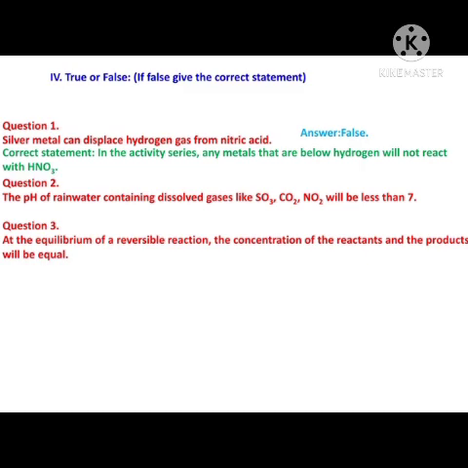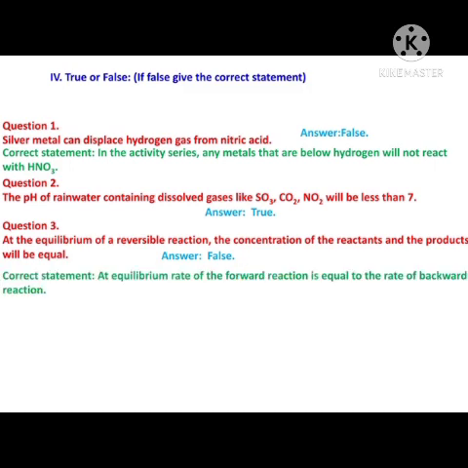Third one, at the equilibrium of the reversible reaction, the concentration of the reactant and the product will be equal. No, that is a false statement. Equilibrium depends upon the rate of the reaction, not upon the concentration.